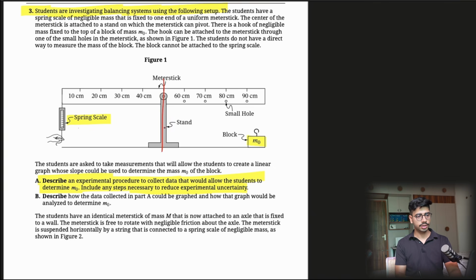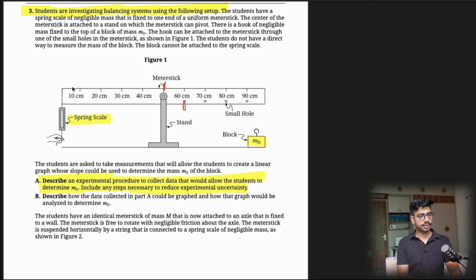So this is a meter stick that has its center of mass at this point only, so it will not provide any torque about this point. You are going to hang the mass here and measure how much force is in the spring scale. This distance is fixed, you are not changing it.